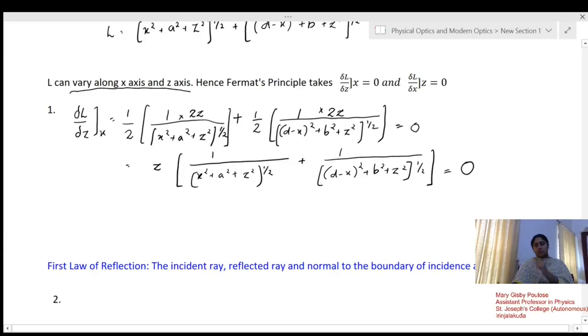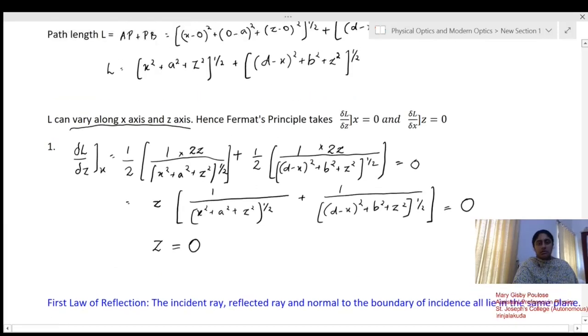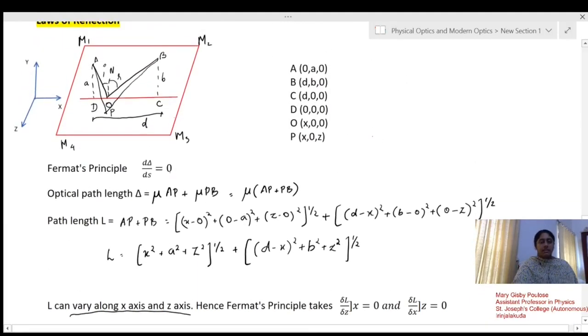Hence this term will be positive, and its reciprocal remains positive. Hence, the term in brackets can never be 0. This implies that z must be equal to 0.